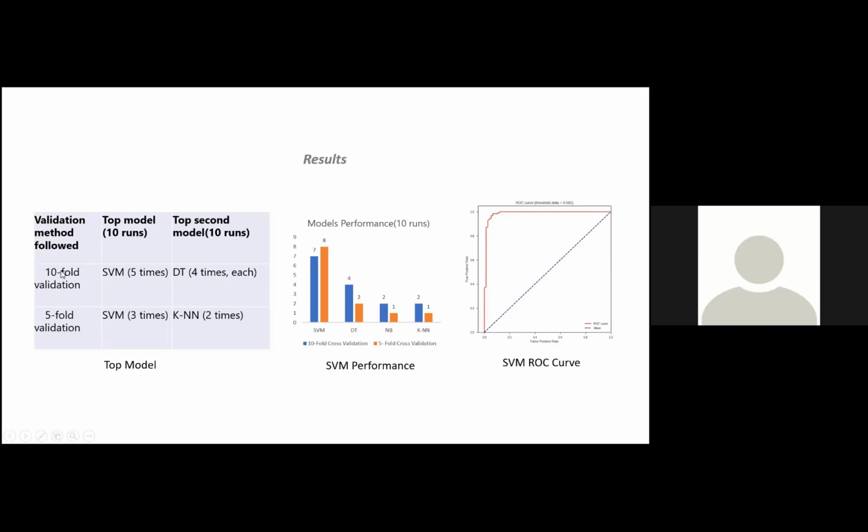Coming to the fivefold validation, SVM is also the best, because it is able to draw the hyperplane correctly. The second topmost model we got is KNN, for 2 times. As I told you, in 10 runs SVM came as the winner.